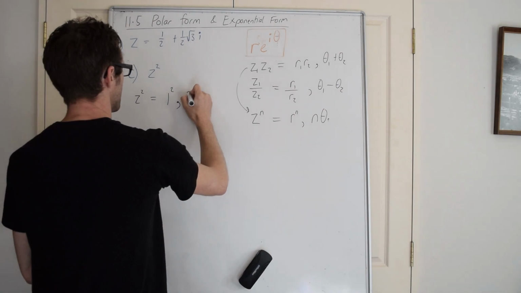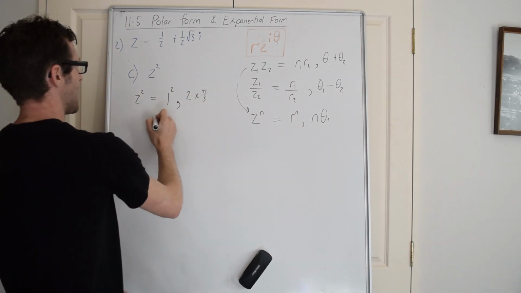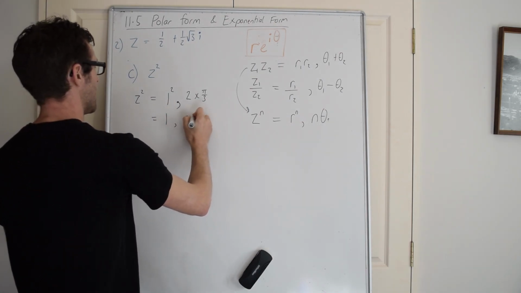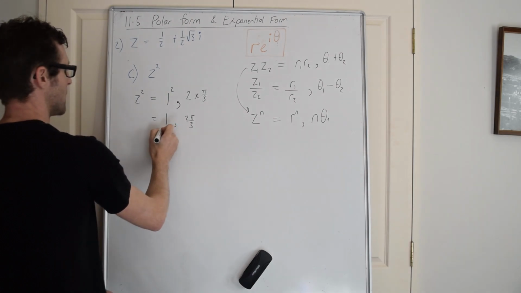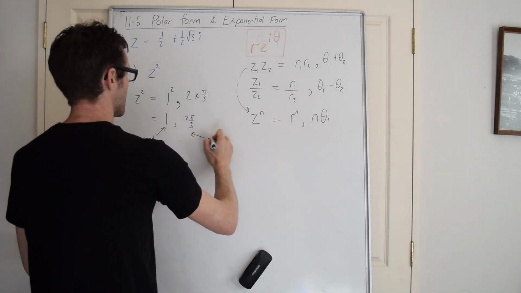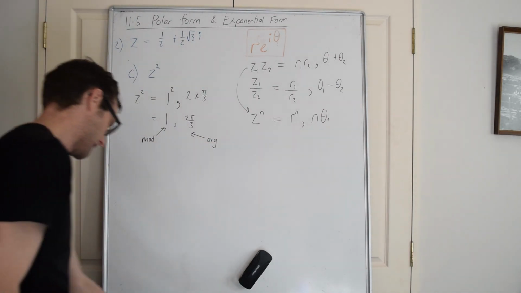So I'm going to have 2 times pi over 3, and so I'll have 1, comma, 2 pi over 3. That's my modulus. That is my argument. That saved a lot of time, didn't it? Okay.